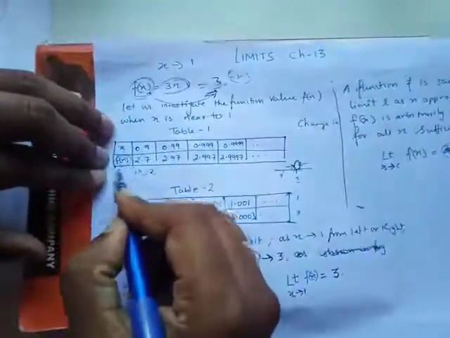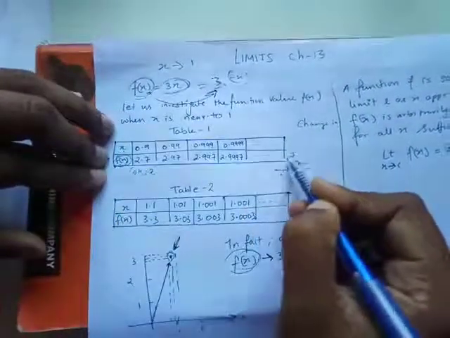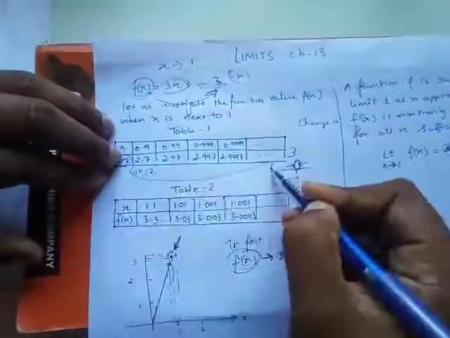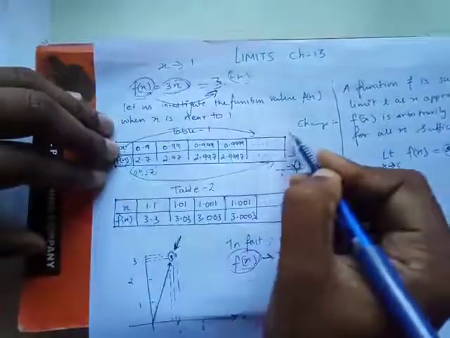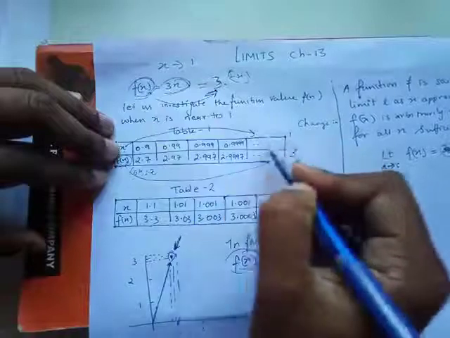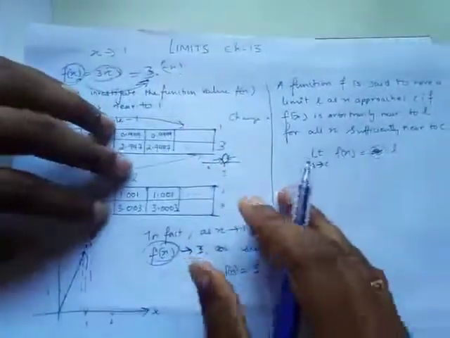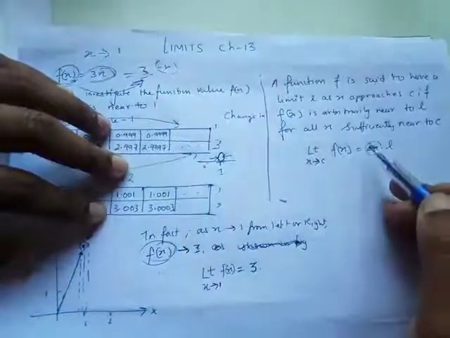When this is near to the goal, that is 3, we call it arbitrarily near. And when x is near to 1, its agenda, or maybe we can call it c, then we call it sufficiently near. Okay, so I'll read this definition again.